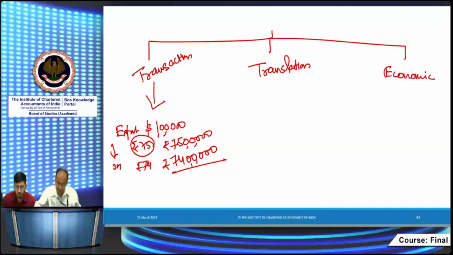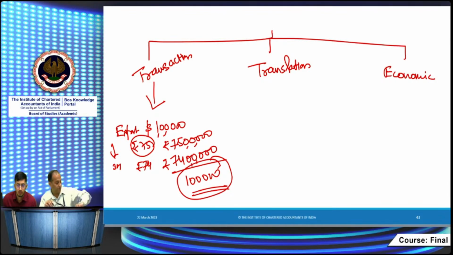So here there is an exposure loss of 1 lakh, it is a risk. It can go both ways. If the rupee has become weaker, the gain will be 1 lakh. So exposure means it can be both ways, positive and negative. Here the exposure is due to the transaction, that's why it is called transaction exposure.